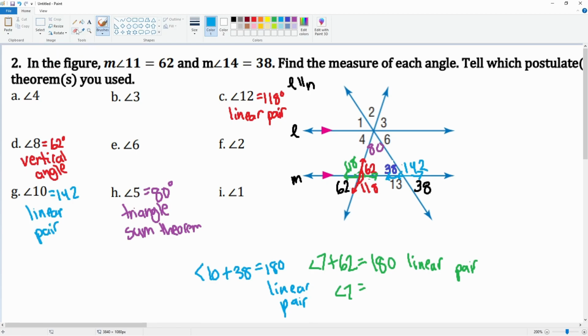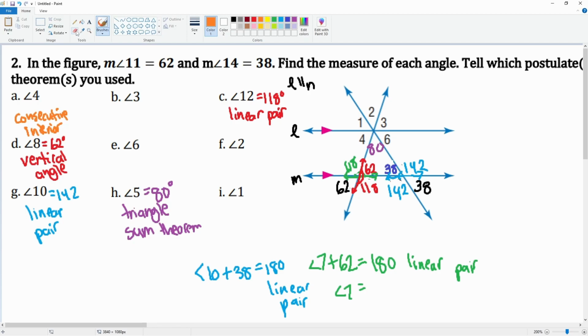We can also get 13 here. This is 142. Okay, we don't have it here, right? Next, notice that we can get 4 and 6. Okay, because angle 4 and angle 118 are consecutive interior angles because they're on the inside of the parallel lines. So this is going to be because of consecutive interior angles.